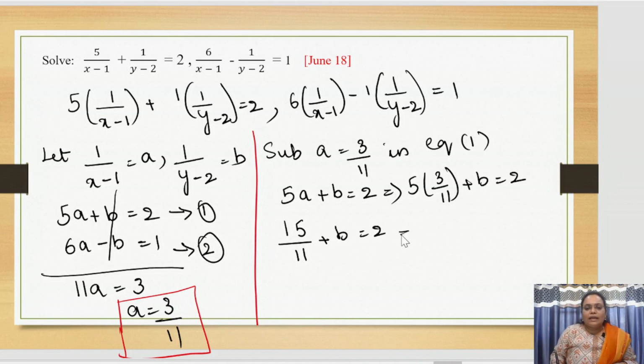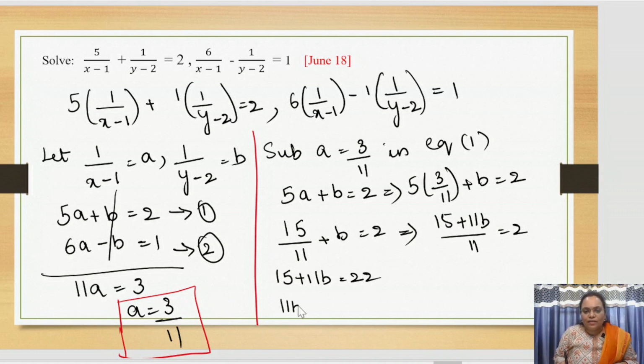So if you take an LCM, you will get 15 plus 11b by 11 is equal to 2. Okay, so you will get 15 plus 11b is equal to 22. Yes, so if you want 11b, you will send 15 to RHS, which becomes 7.